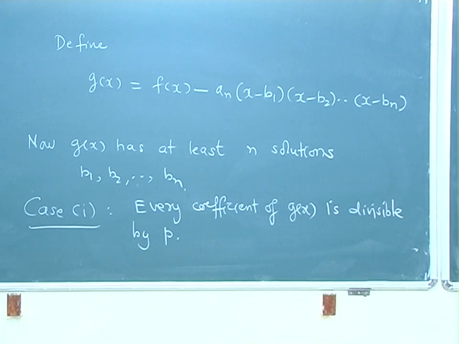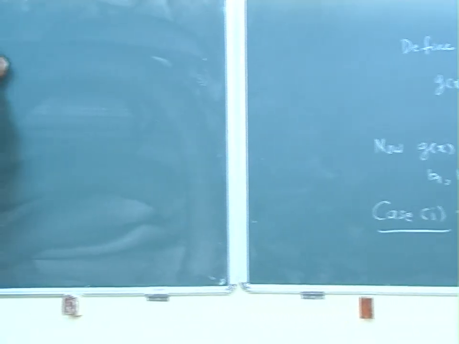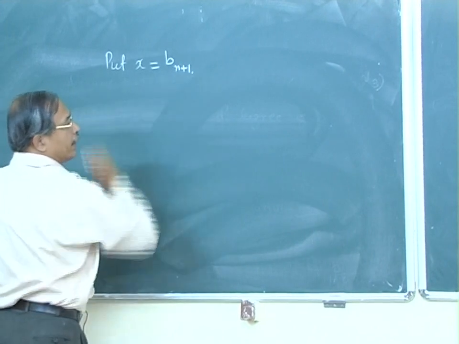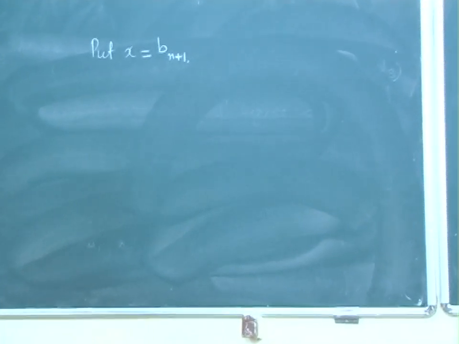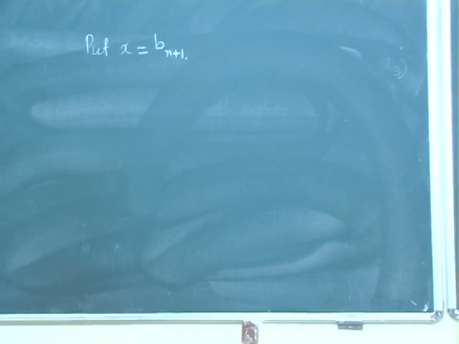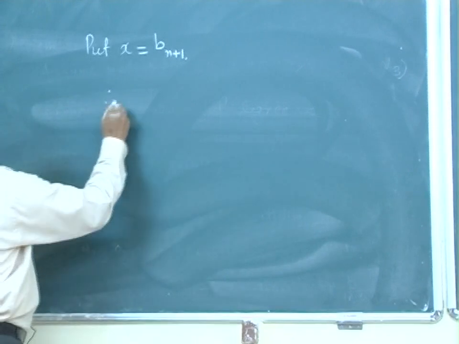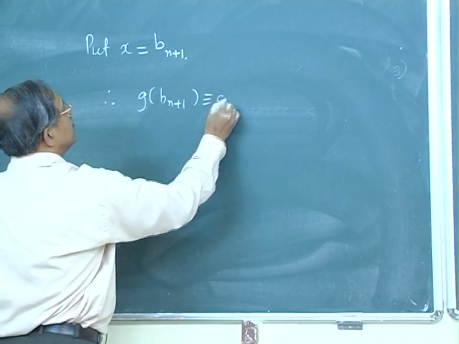Now, if you put x equal to b(n+1), g of b(n+1) will be 0 mod p because every coefficient of g(x) is divisible by p. g of b(n+1) is congruent to 0 mod p.